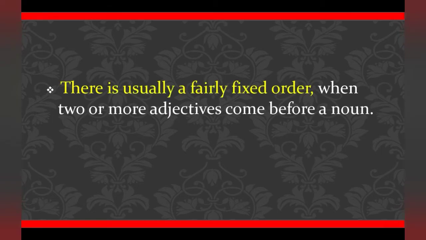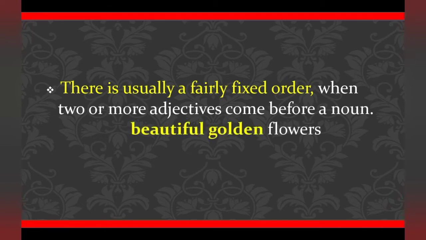There is usually a fairly fixed order when two or more adjectives come before a noun. Look at this example: beautiful golden flowers.